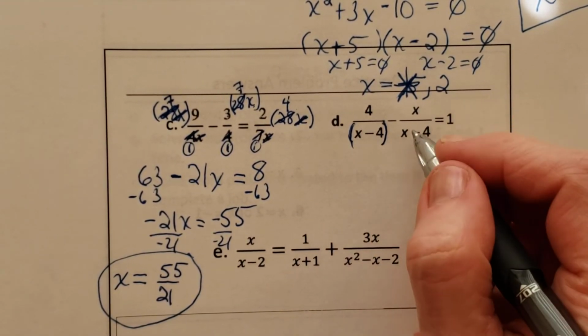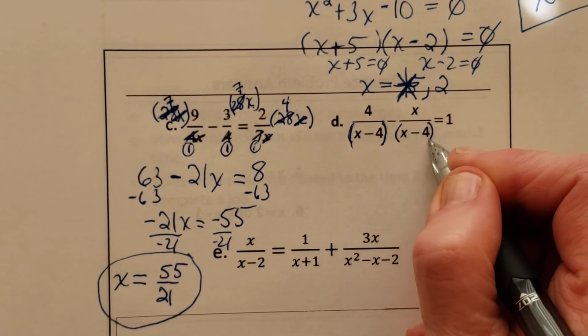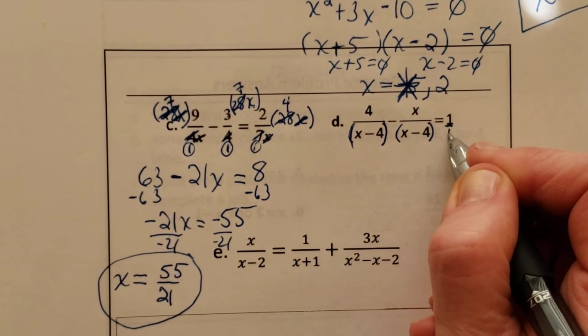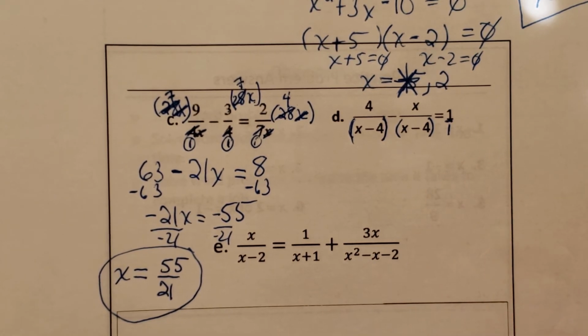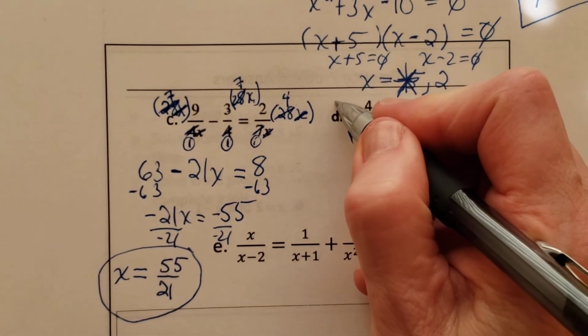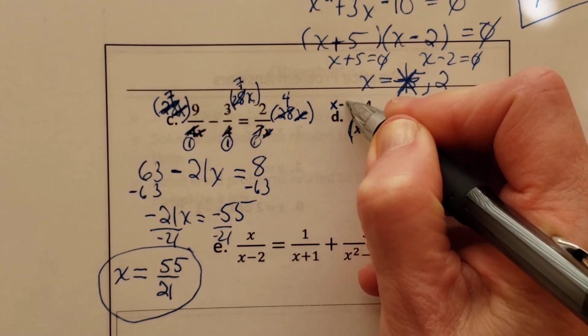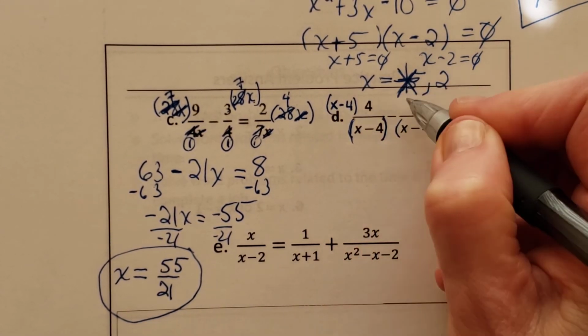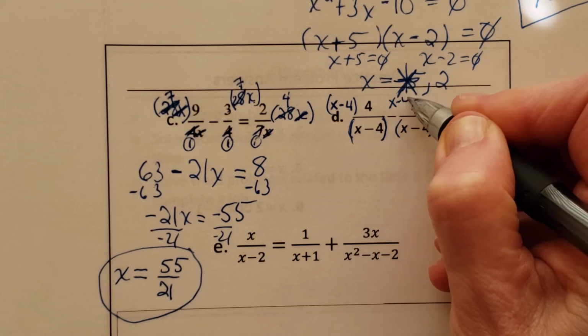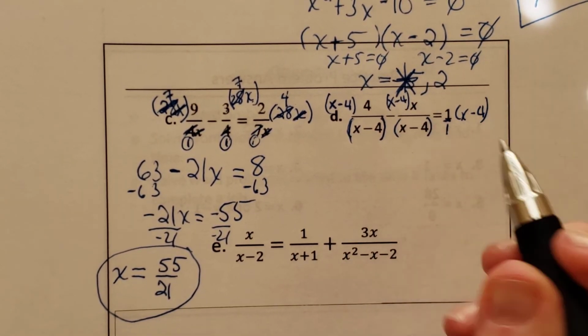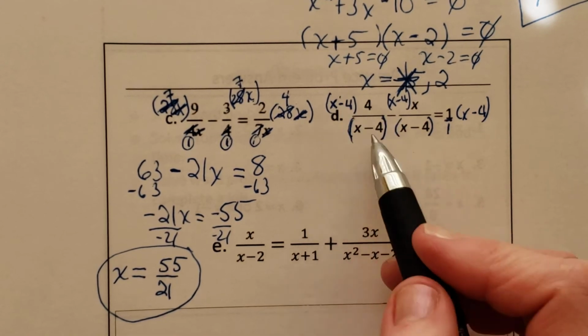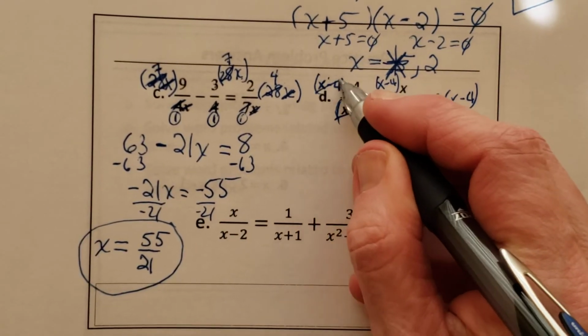So these two denominators are the same, and this one is a 1. So 1 times x minus 4 is x minus 4. So I'm going to multiply every single term by my denominator, x minus 4. And this was kind of easy because these match, and since they match exactly, I get to mark them out.